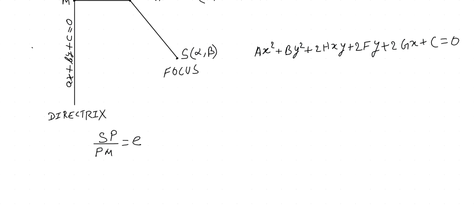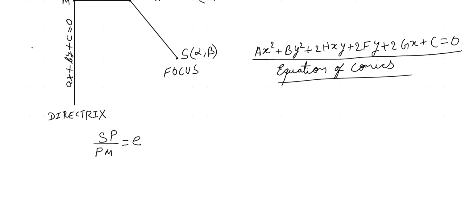So this is the general equation of 2-degree. So this is also the equation of a conic.